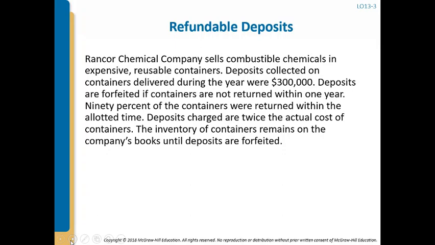90% of the containers were returned, so $30,000 worth of deposits were not returned. Well, the containers related to them were not returned.